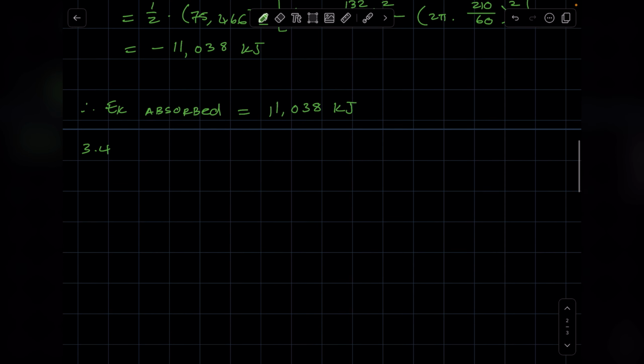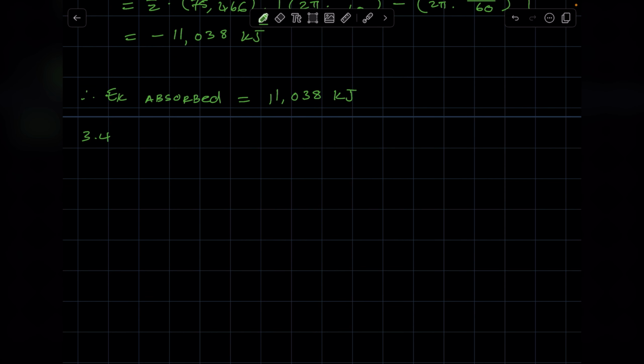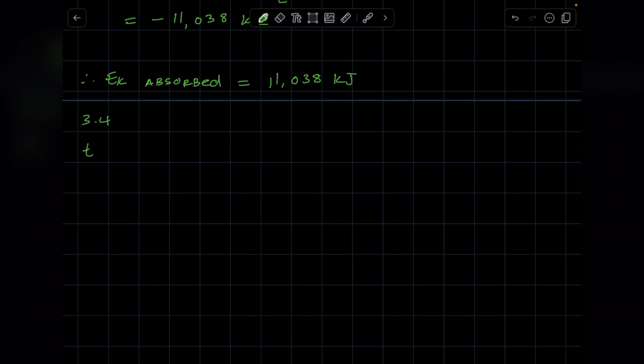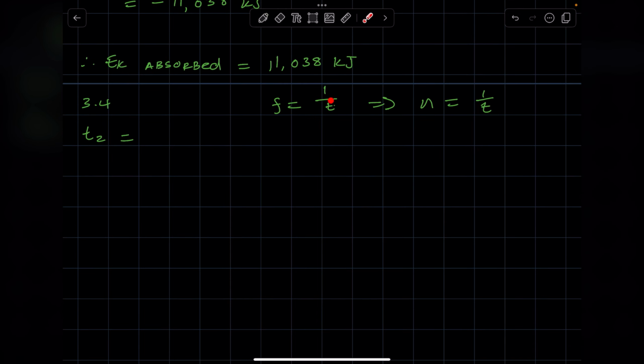So we are able to take that as T1, and to get T2 we use the frequency. I don't know if you guys remember, frequency is equal to 1 over T. To get T, this will be T2. I used N as the frequency, which is 1 over time. Now this is elementary stuff, but this is how you calculate frequency. Hence whatever you get here will be either per second or per minute, depending on how this has been expressed.